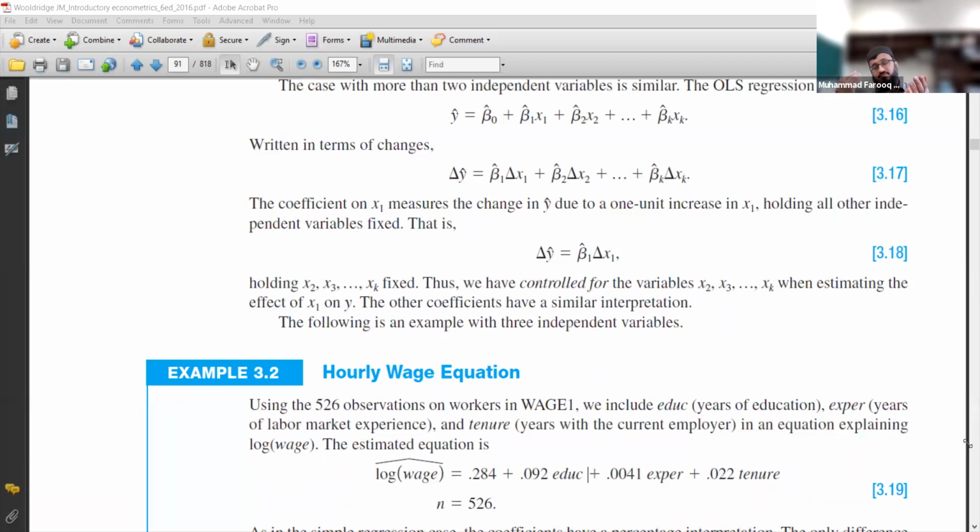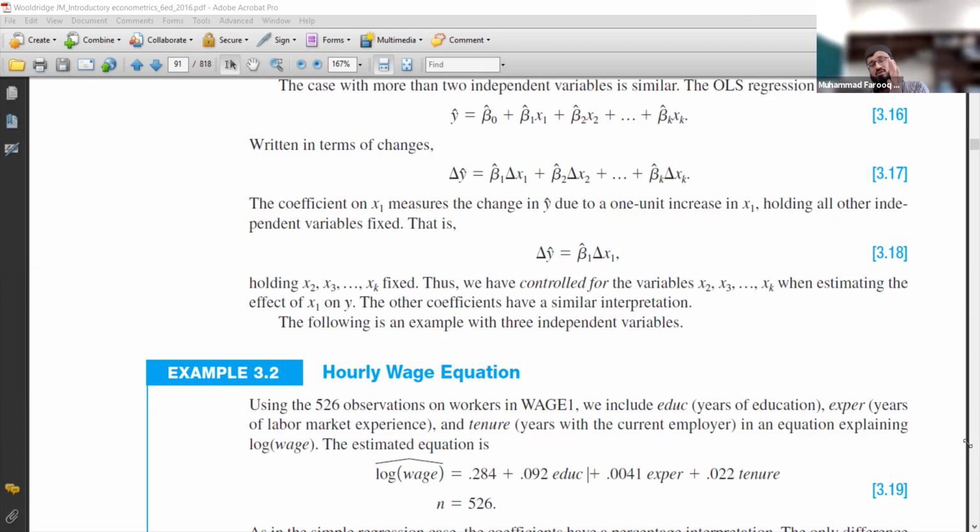So we are not making any causal claims, but we are saying that in the data we have found a positive association. As your education increases, your log wage tends to go up by 0.092 units for every unit increase in education.